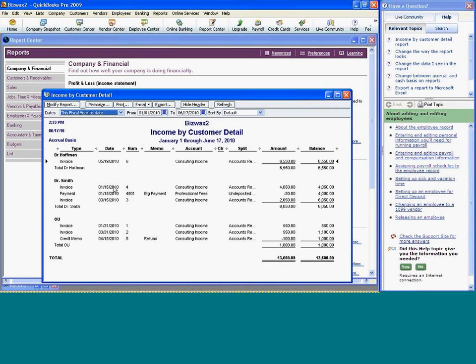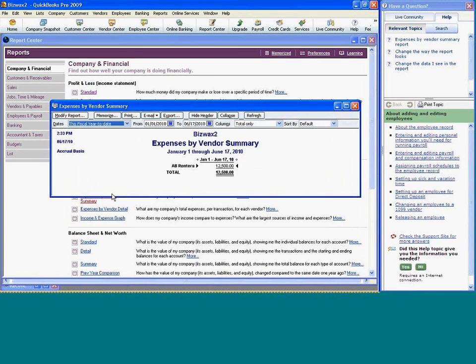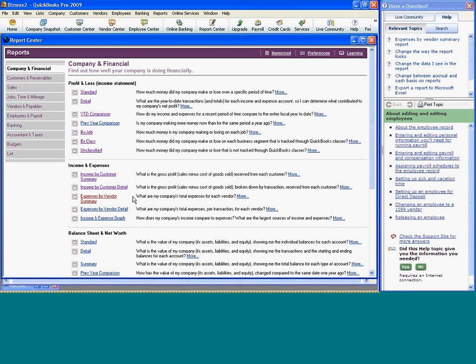Income by customer detail. We have an invoice, but unfortunately we have a balance for him because it hasn't been collected yet. And that's the idea over here. That's the balance that we have in the account. Expense by vendor. That's just AB renters. Expense by vendor detail.